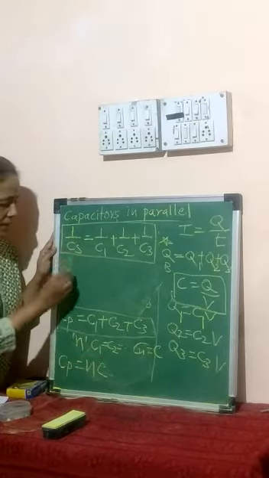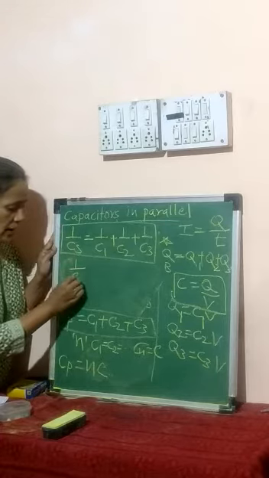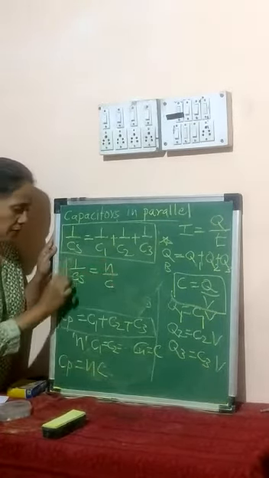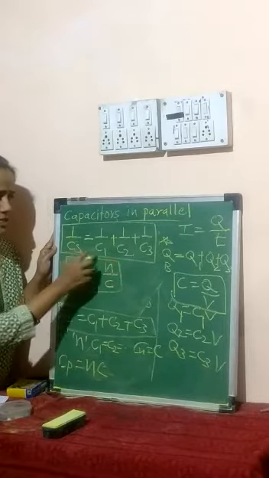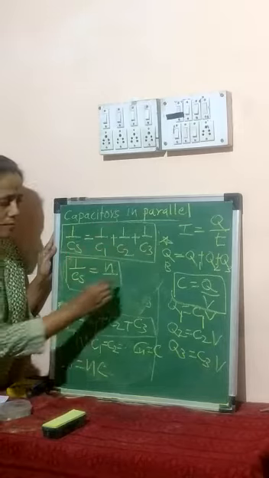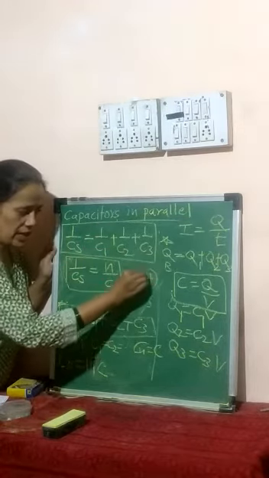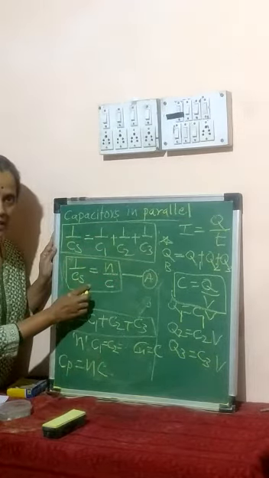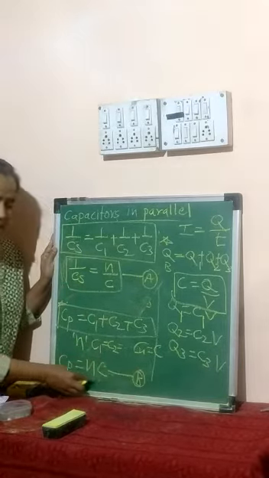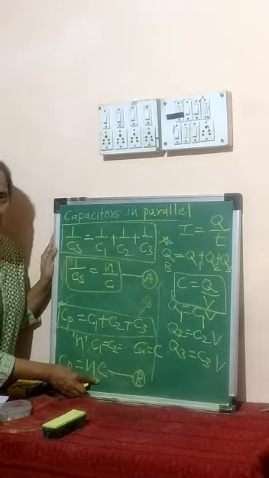And already in the previous lecture we have seen that 1 upon Cs can be written as n upon C if the number of capacitors have the same capacity C. I am getting this as equation A when n capacitors are connected in series, and this as equation B when n capacitors are connected in parallel.